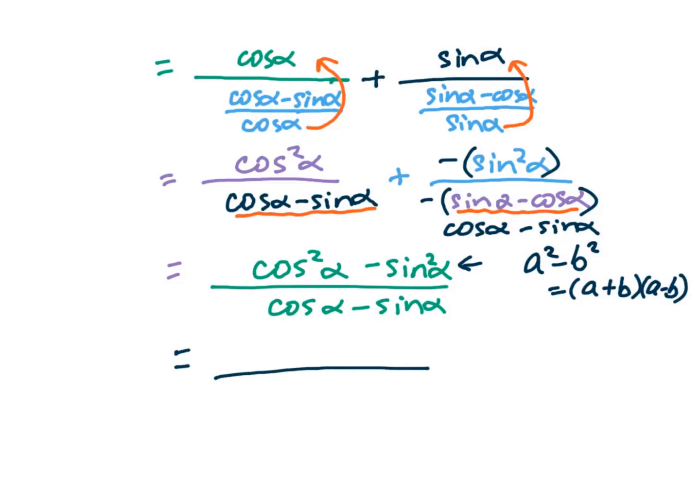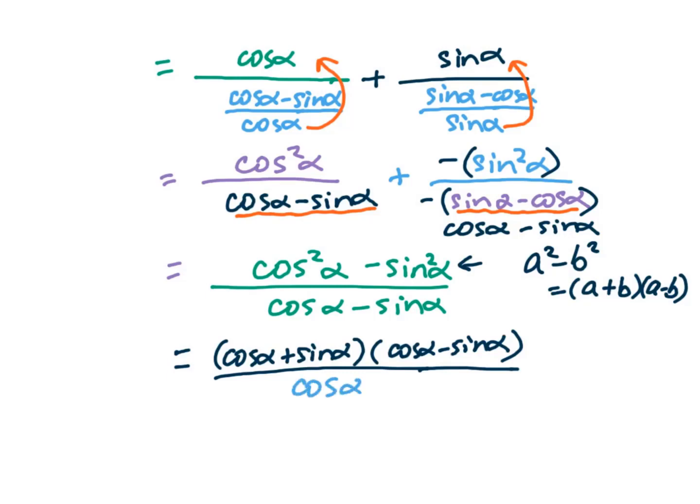Therefore, I got cosine alpha plus sine alpha times cosine alpha minus sine alpha, over cosine alpha minus sine alpha.